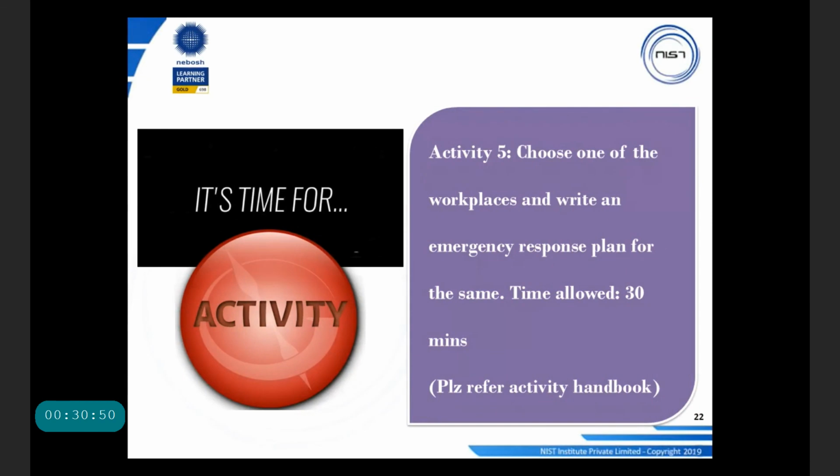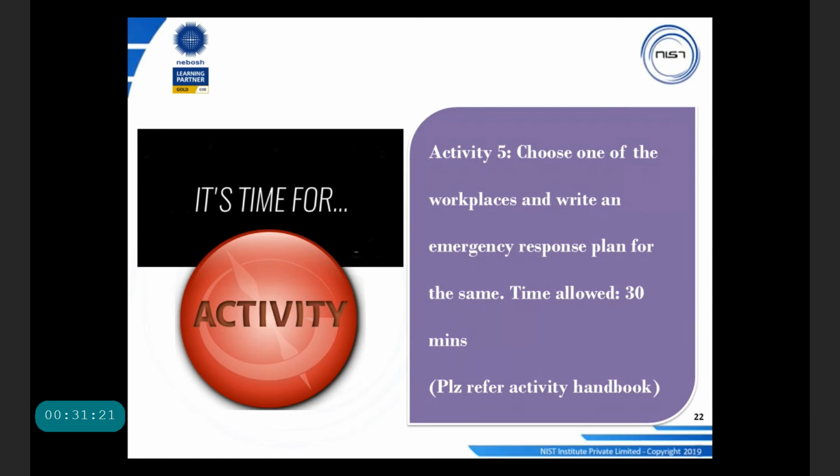Okay, so have you turned to page number 18 in the activity handbook? What does it ask you to do? Learners can select any one of the following workplaces and write a brief on emergency response plan. So what are the 4 workplaces? One is a university, a chemical plant, warehouse, multi-story office building.